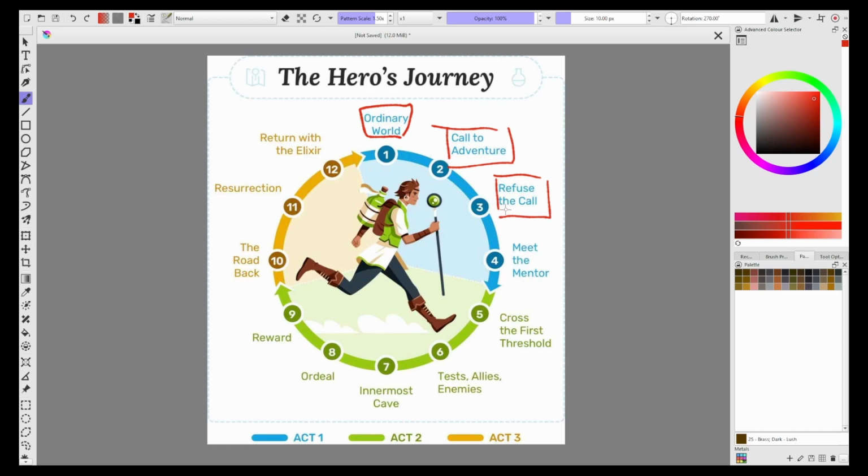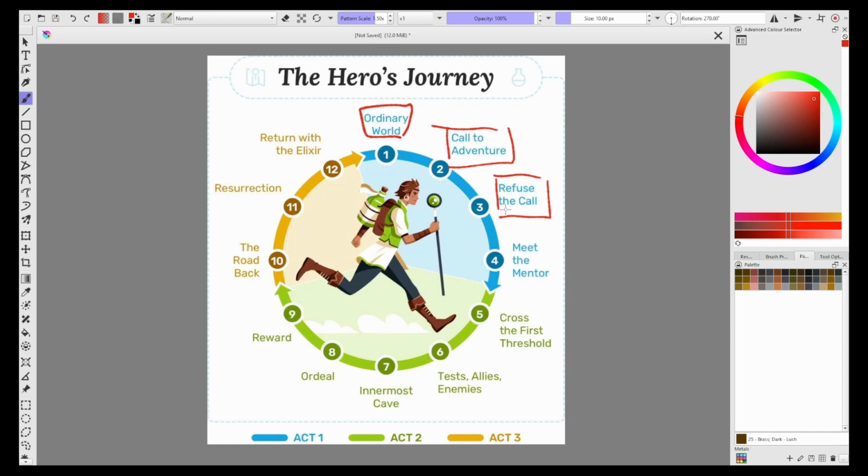Most of the time, this is literally the character saying no. Now, that's pretty on the nose. It's very common for fantasy stories. You have your farm boy who's actually some child of prophecy, but he says, no, I just want to be a normal farm boy. It is a literal refusal to do what the plot wants him to do.